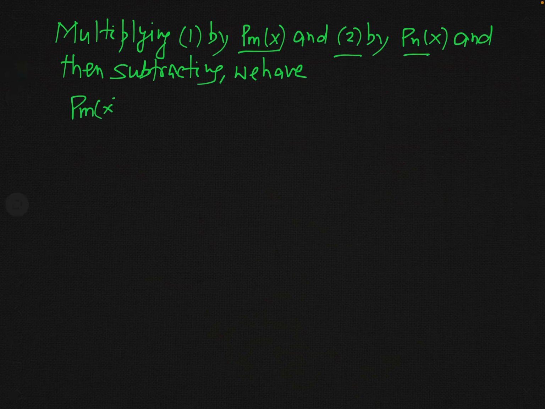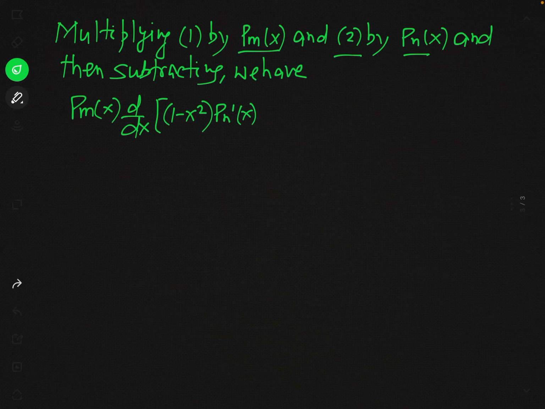You can see after multiplication and subtracting 2 from 1, we will simply get this. We will multiply the first equation by Pm of x, and you know the first equation is d dx operated on 1 minus x square into Pn prime of x, plus n into n plus 1 into Pn of x.